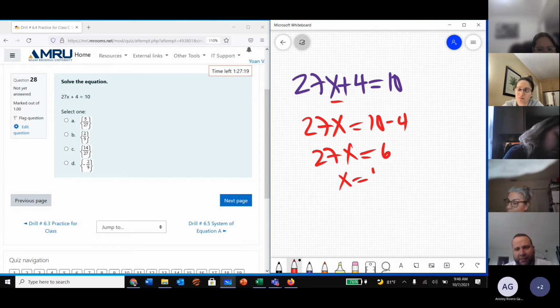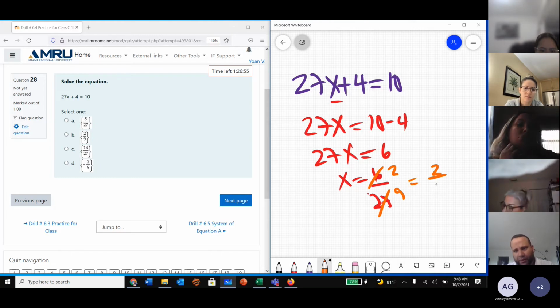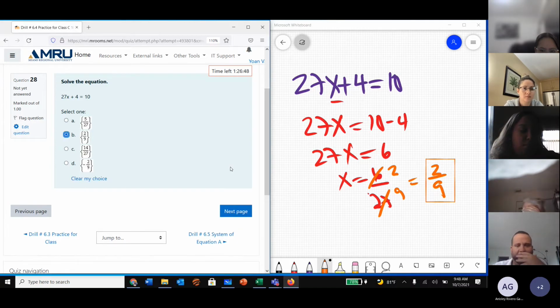And then we have 6 over the 27 that is multiplying, goes divided to the other side. And then we have a fraction that we need to simplify, divided by 3 is 2, and 27 divided by 3 is 9. The solution is 2 over 9.